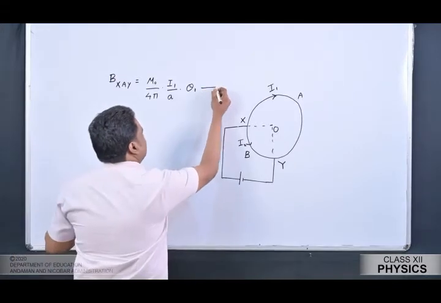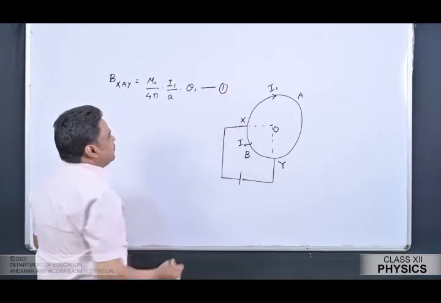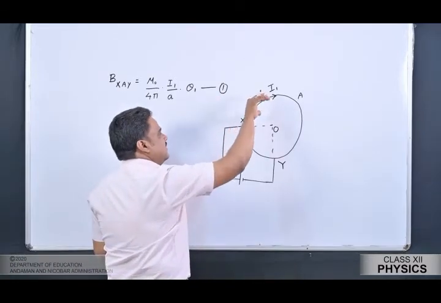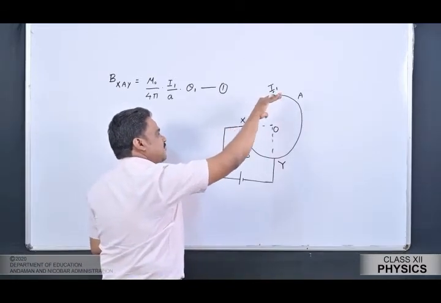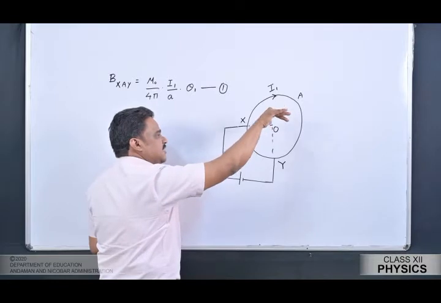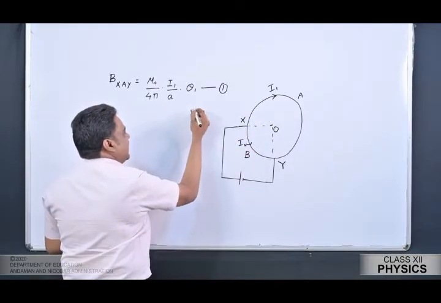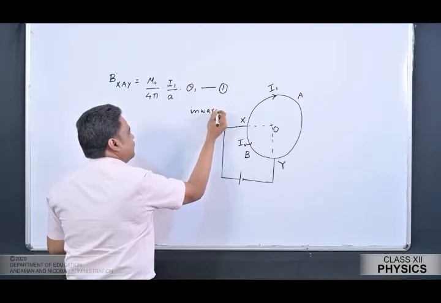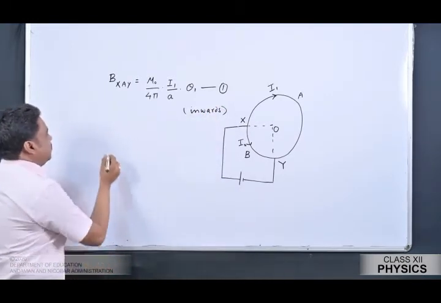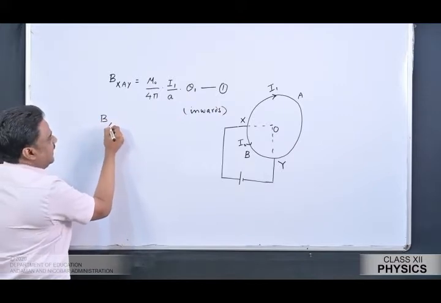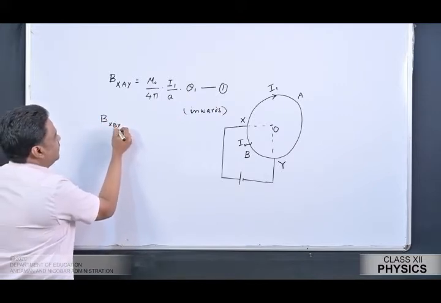I am going to mark it as equation number 1. By using the right-hand rule, the fingers are along the direction of flow of current and the thumb indicates the direction of the magnetic field, so it acts inwards.